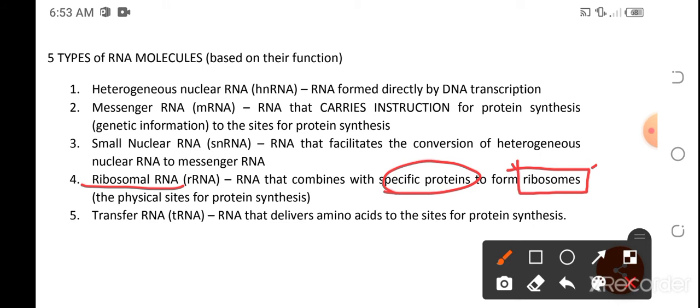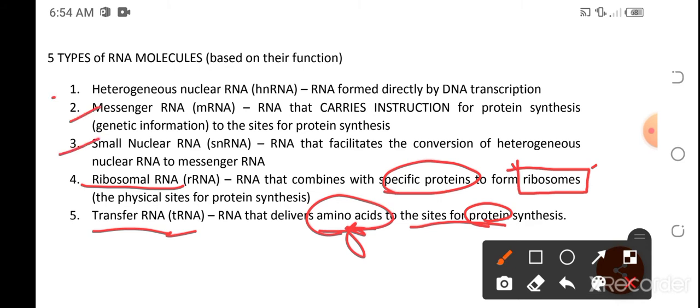And we have transfer RNA or tRNA, which delivers the amino acid to the site of protein synthesis. We know that amino acid is the building block for proteins. So we have 5 types of RNA and they are based on their functions.